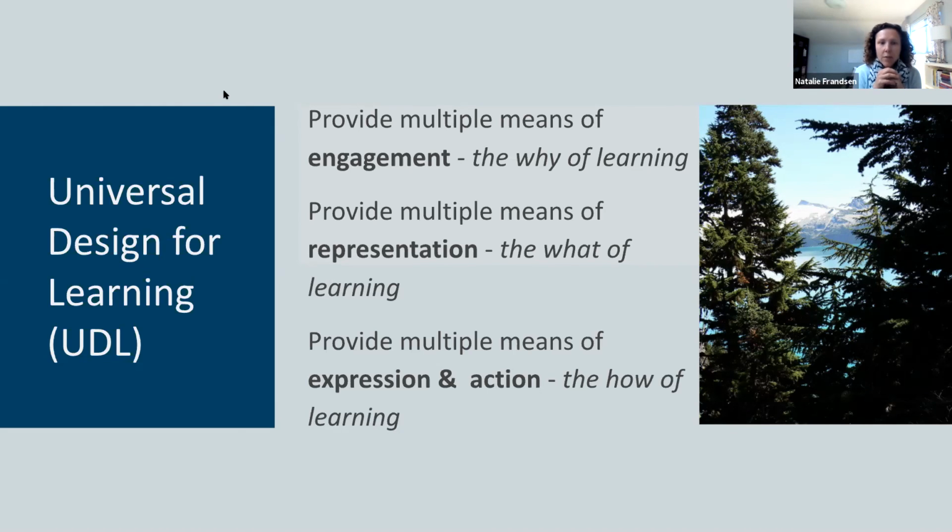And the more diversity you integrate into how you engage with your students, how you represent the course materials, and how you allow students to express their understanding and even just their relationship building with their peers and with the instructors, is really critical.